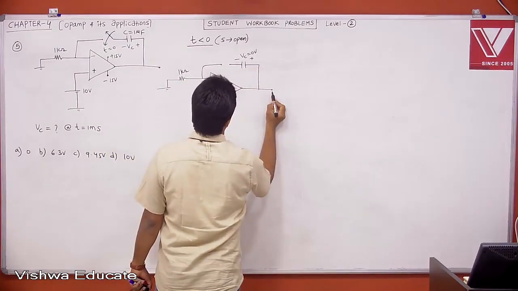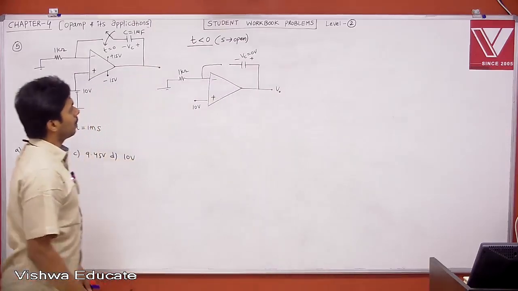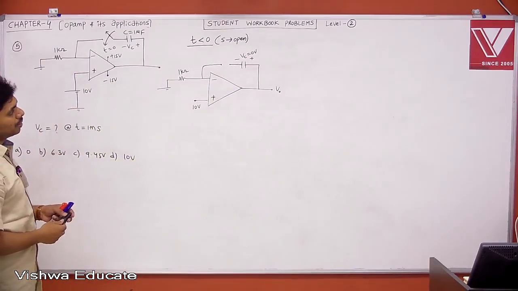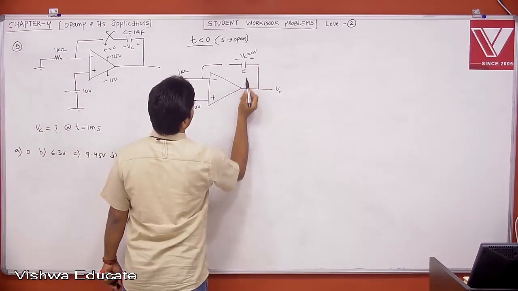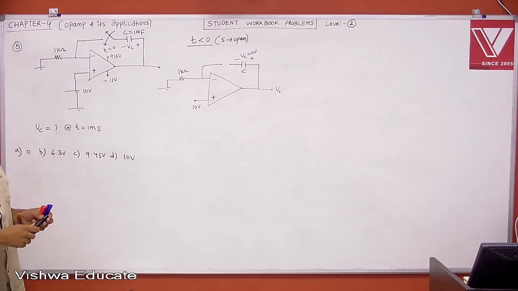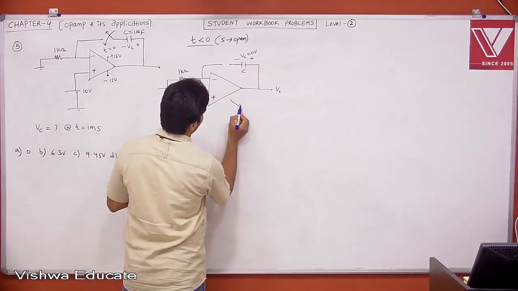Now let us say this is your output voltage V0. If the switch is opened, this is your capacitor C. Tell me, negative feedback, positive feedback, or open loop? No feedback, it is open loop, right? Therefore your op amp is in open loop.